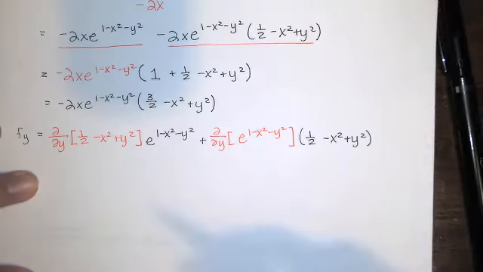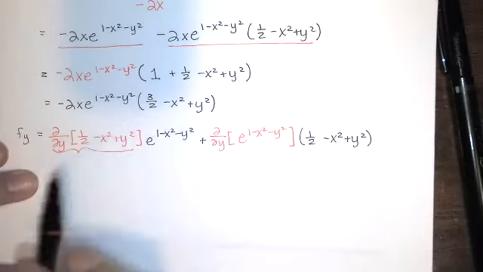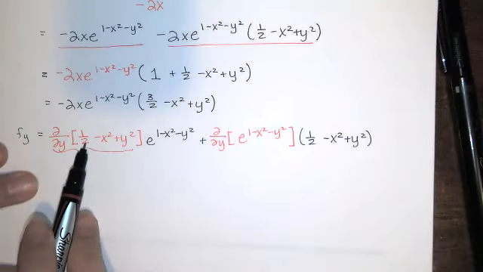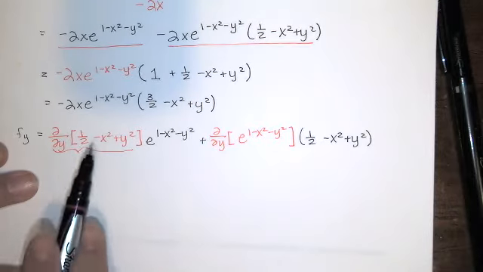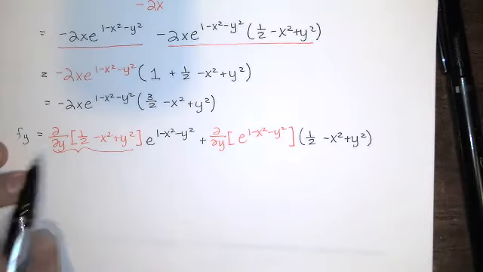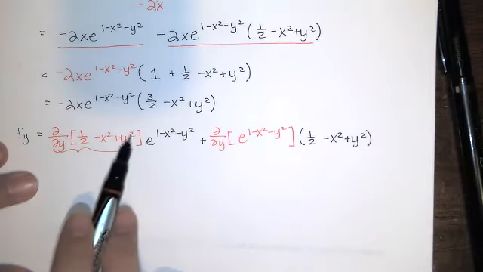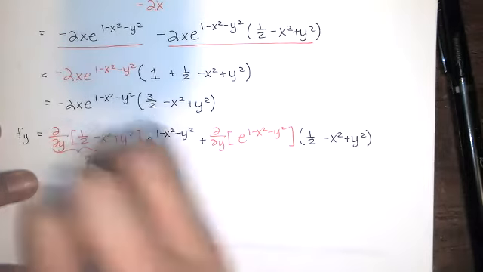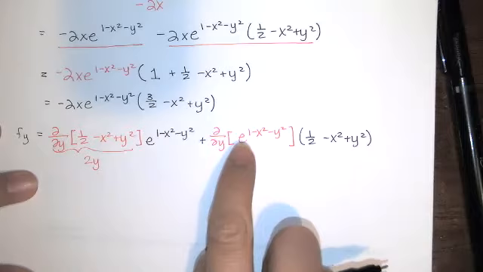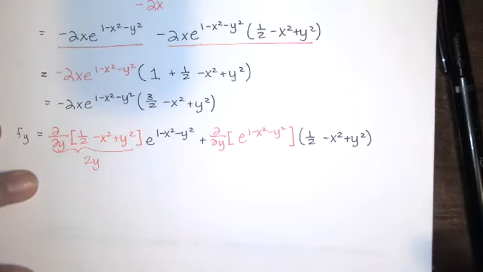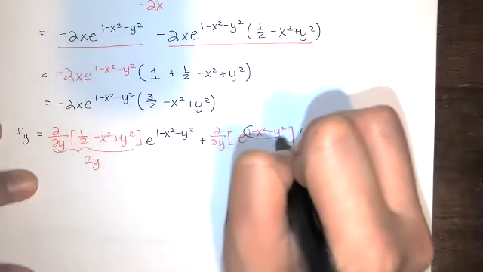Okay. That's a constant with respect to y, so we get 0. X squared is constant with respect to y when we take partial derivatives, so we get 0. And the derivative of y squared is 2y. And then I've got e to some function of y, so I have to use the chain rule. This is my inside function.